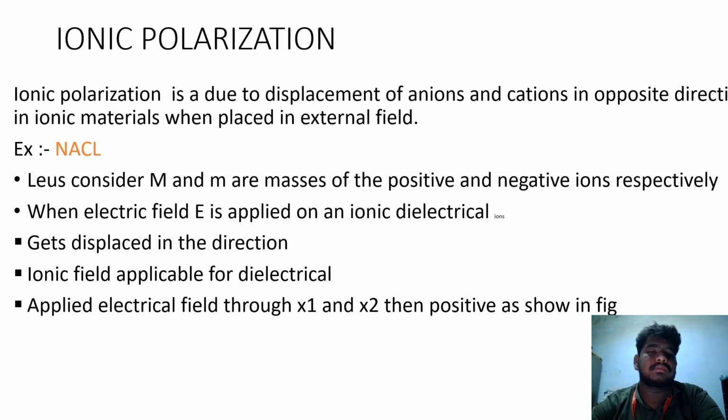sodium chloride. Consider M and m are the masses of the positive and negative ions respectively. When an electric field E is applied on the ionic dielectric, the ions get displaced in opposite directions, by x1 and x2 respectively, as shown in the figure.